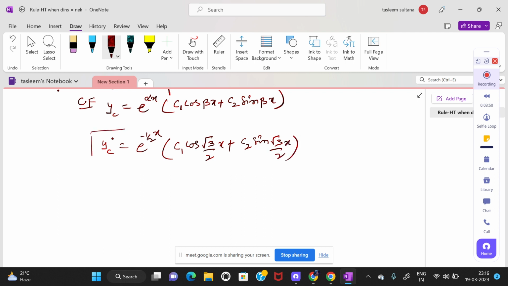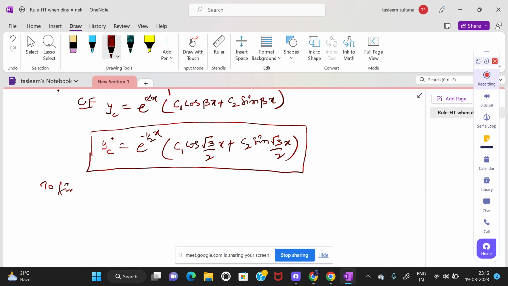So half of the problem is completed. Now you have to find your second half of the problem, the particular integral, PI. PI equals 1 by f of d into q of x.